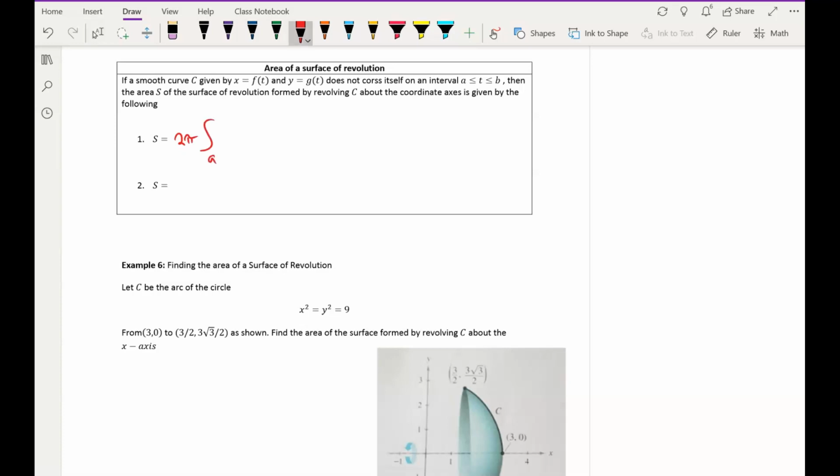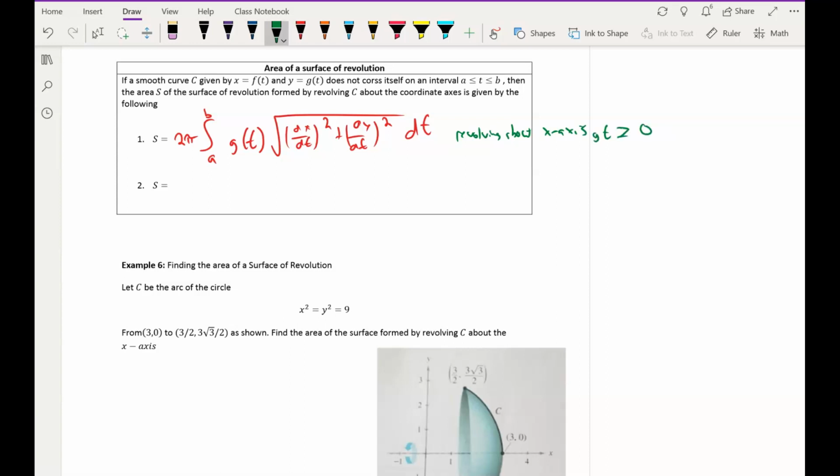And then we're going to have our limits of integration, a to b, times g of t times the square root of dx dt squared plus dy dt squared dt. Now, this is going to be revolving about the x-axis where, excuse me, g of t is greater than or equal to 0.